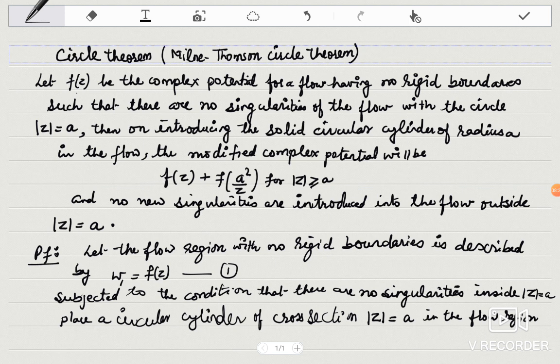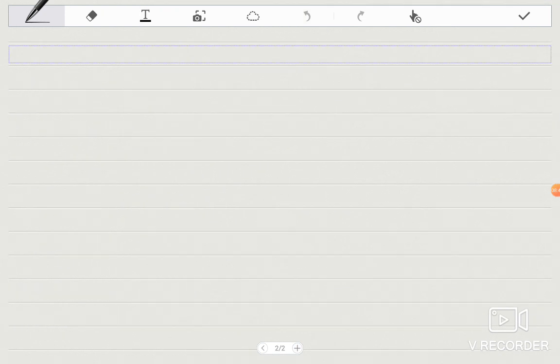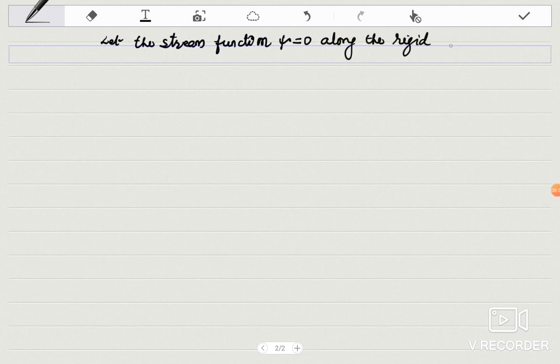And then we know that the stream function is constant along the streamline. So that psi will be constant and we assume psi to be 0. So let the stream function psi be equal to 0 along the rigid circular boundary behaving as a streamline.